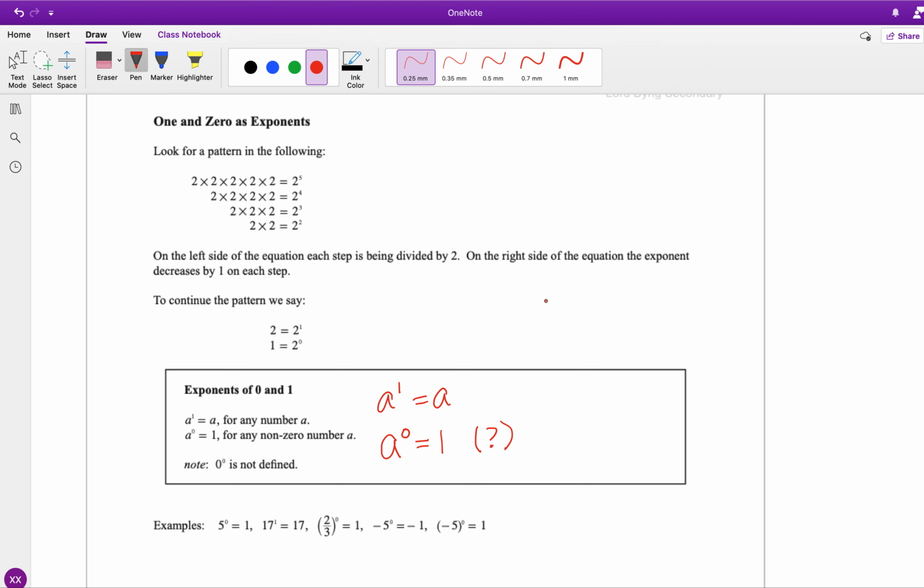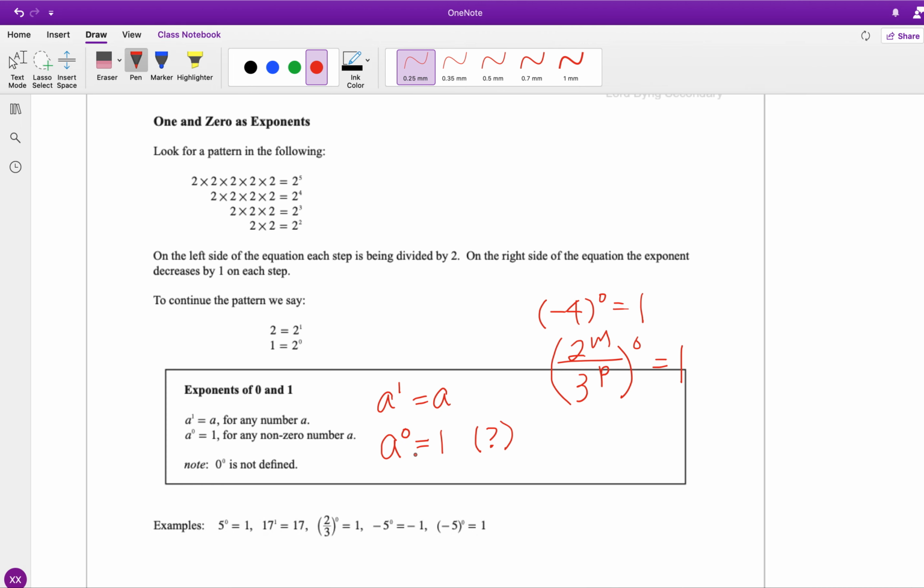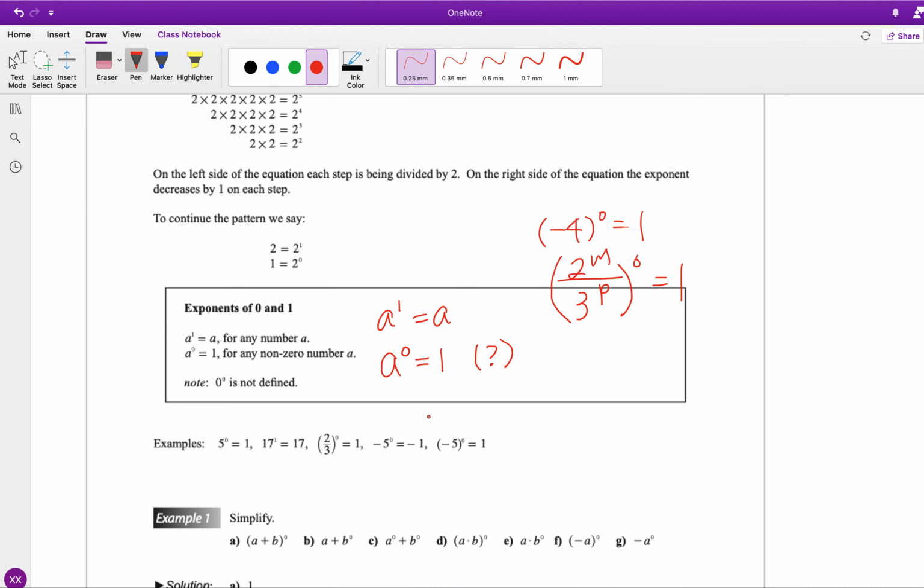So it doesn't matter. You can have negative 4 to the power of 0, that is 1. You can even have something like 2 to the power of m over 3 to the power of p. As long as this is to the power of 0, then that's just 1. Right? All right, so here, one thing to be noted is that 0 to the power of 0 is undefined.